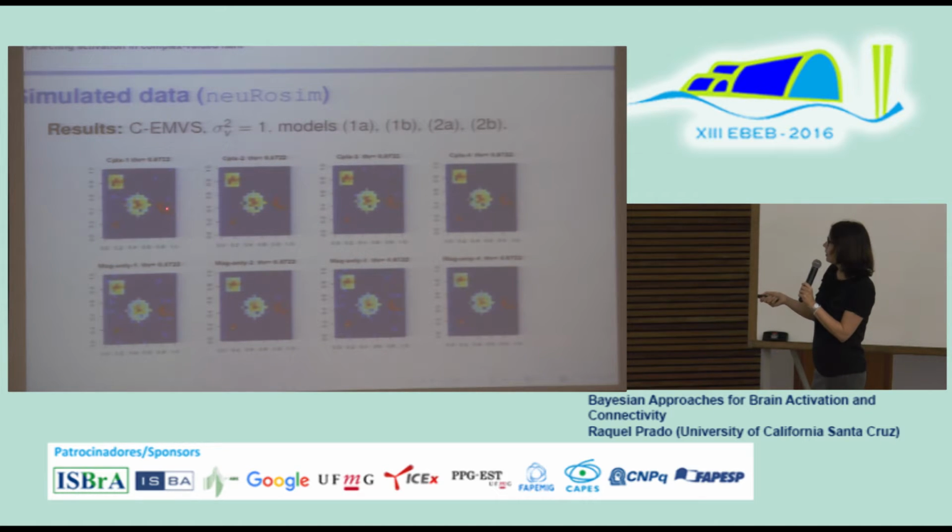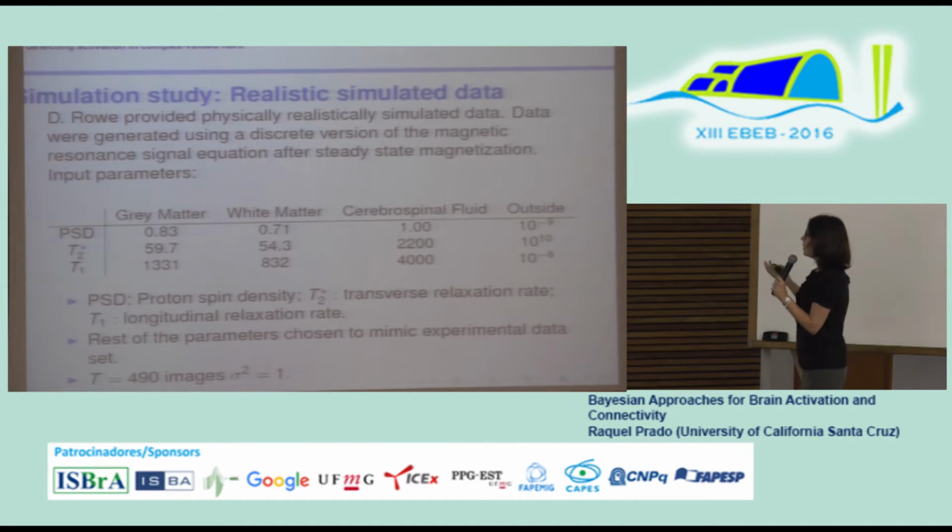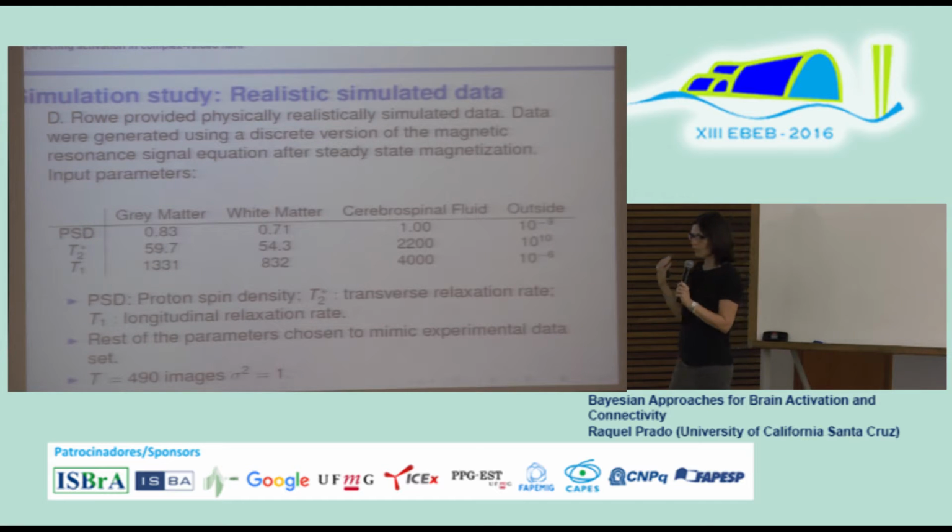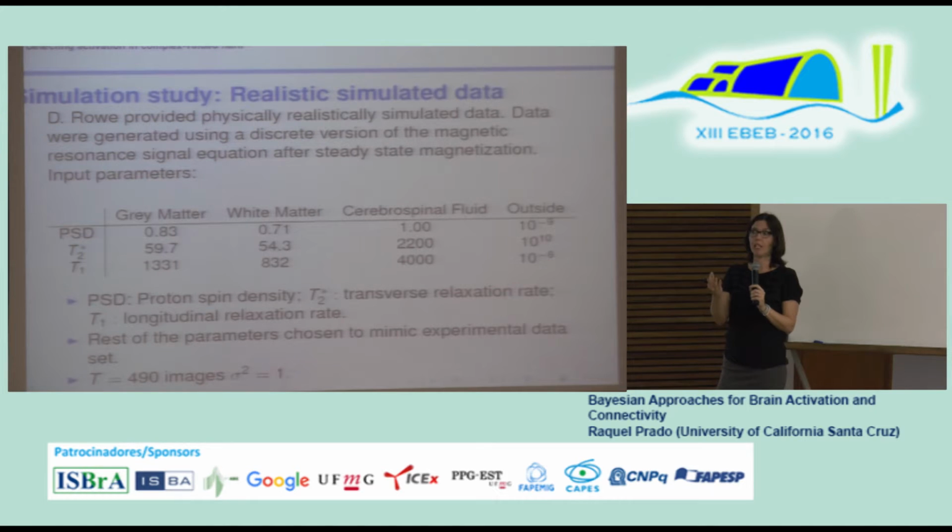The models using the magnitude-only data do worse than the complex-valued models. We ran these for different signal-to-noise ratios, and this is for an intermediate signal-to-noise ratio. Then we said, okay, this is great, but let's try this on more realistic simulated data, and also let's try it in real data.